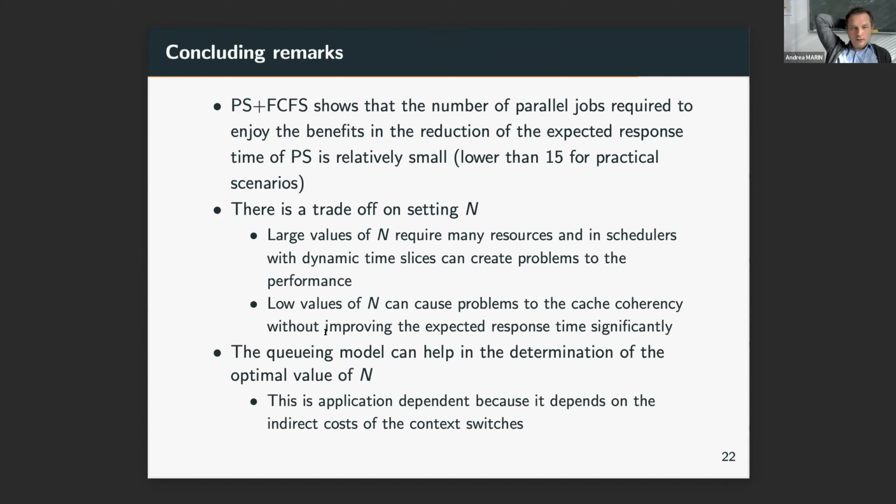There is clearly a trade-off in setting n, because if you take a large value of n, you need many resources for handling the parallel computation, while for a low value of n, you have a problem of cache coherency without improving the expected response time significantly.